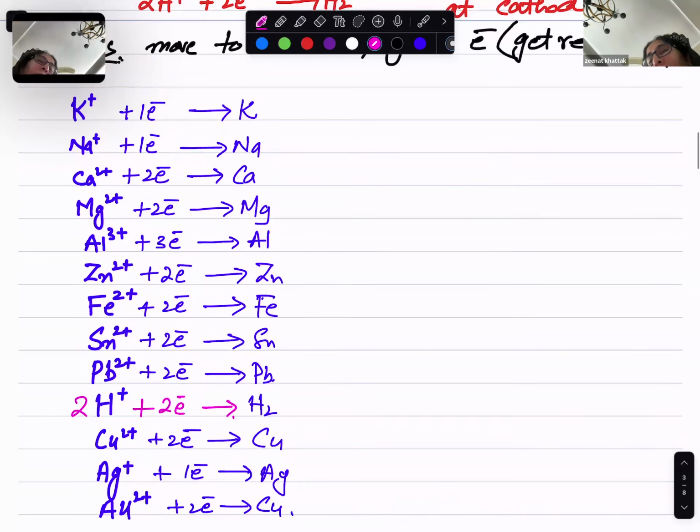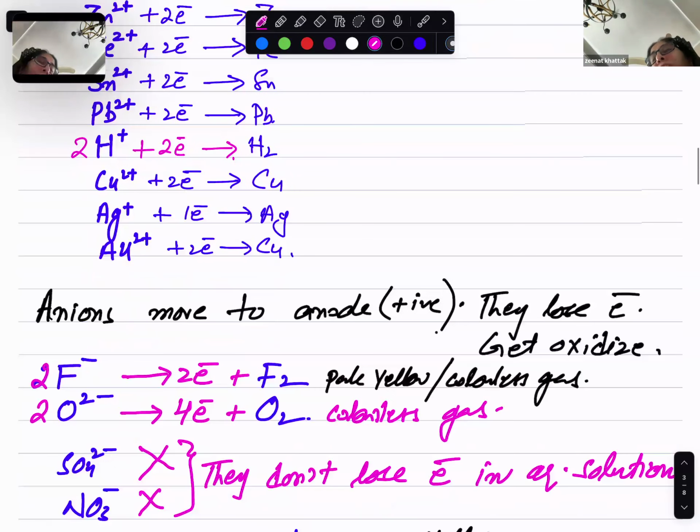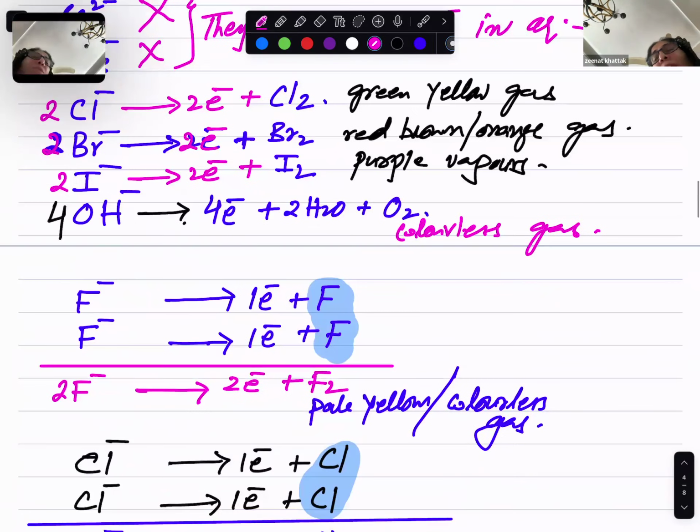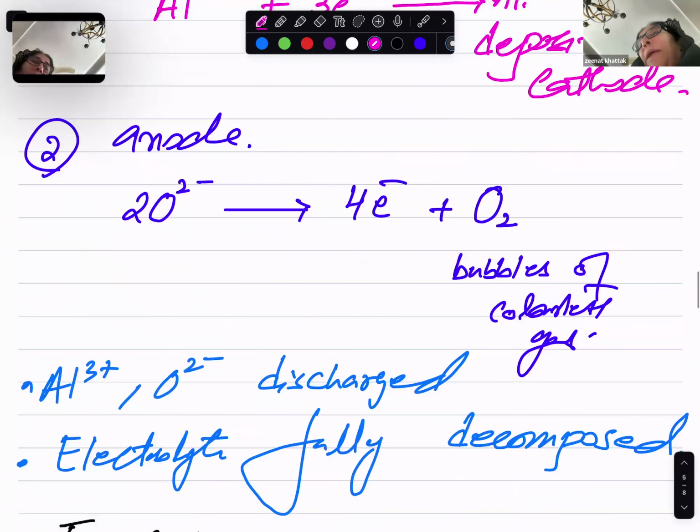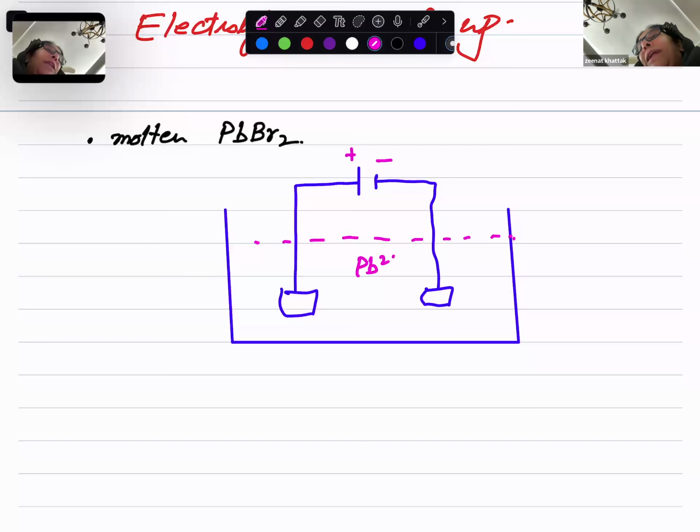Pb2+ will gain 2 electrons and Br- will lose 2 electrons, making Br2. Like everything is the same, just apply it. There are lead ions. There are bromide ions. The lead will go to the cathode, gain electrons. The anion will go to the anode.